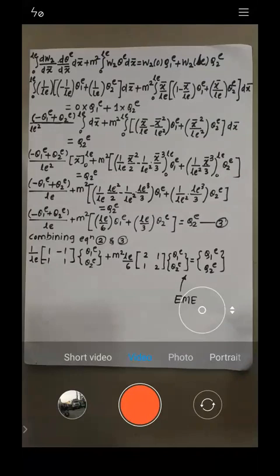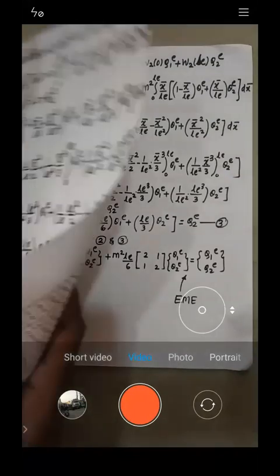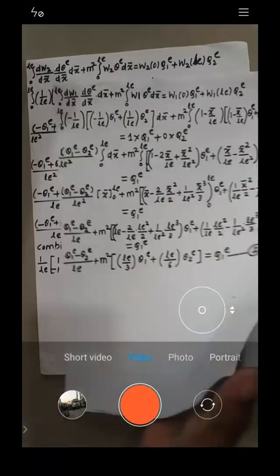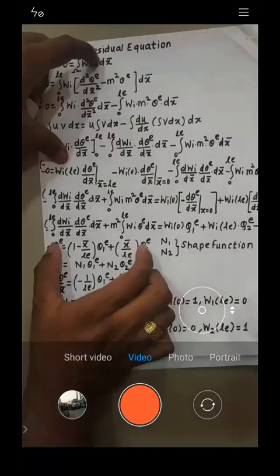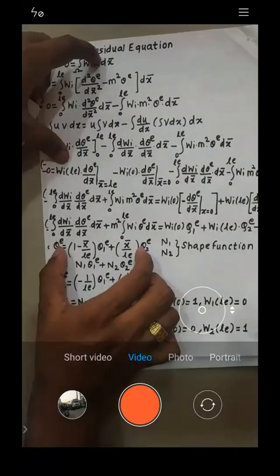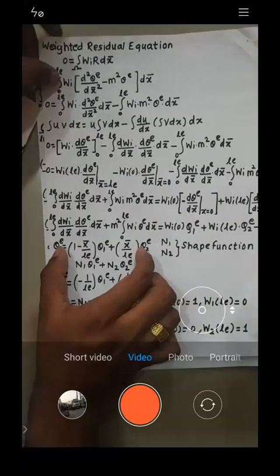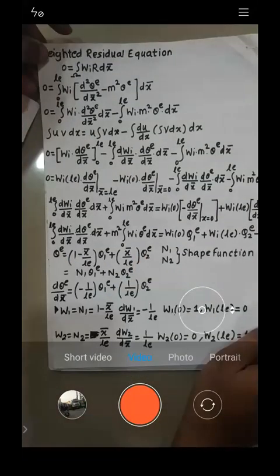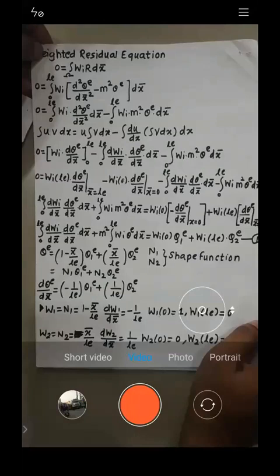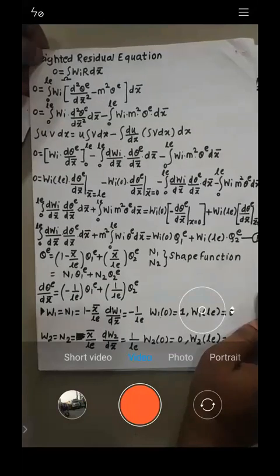Now see, many of you have a doubt: sir, from where have you taken this equation? This doubt will be cleared in the next lecture when we see the shape functions for a one-dimensional element. A one-dimensional element is a line element, right?